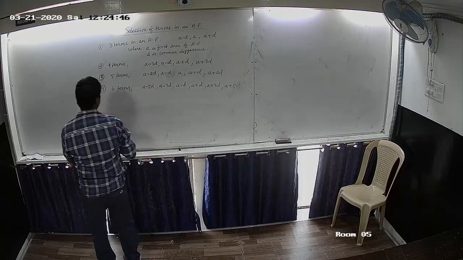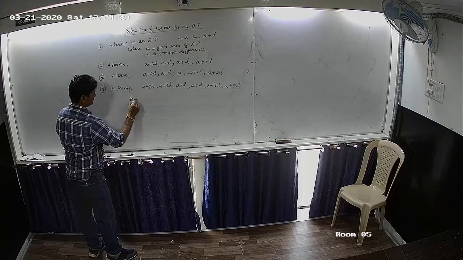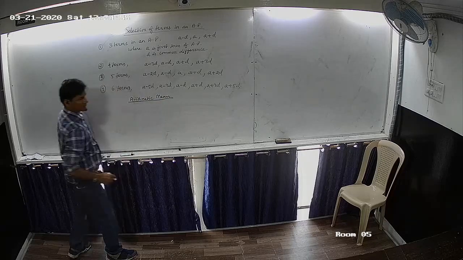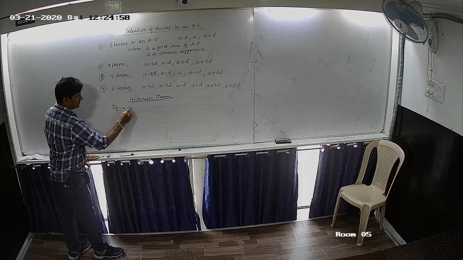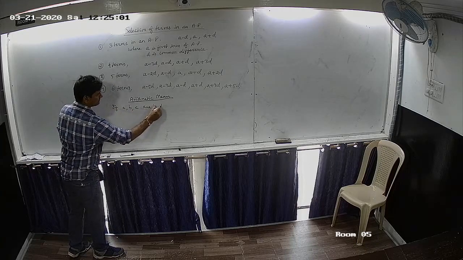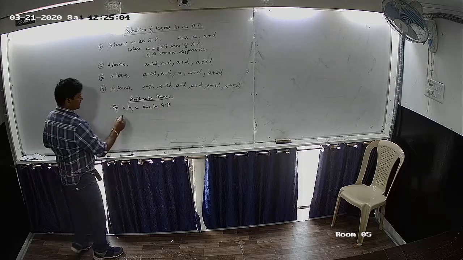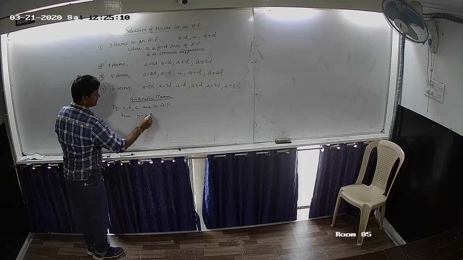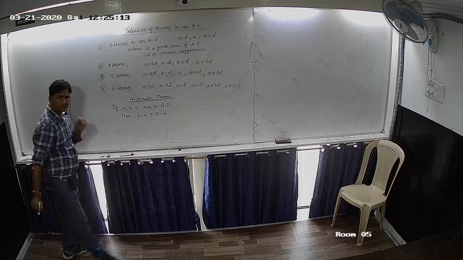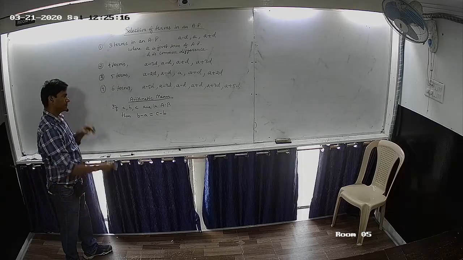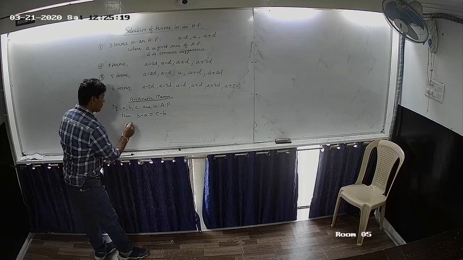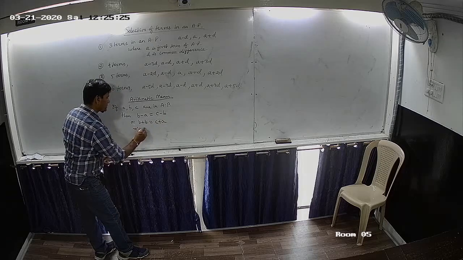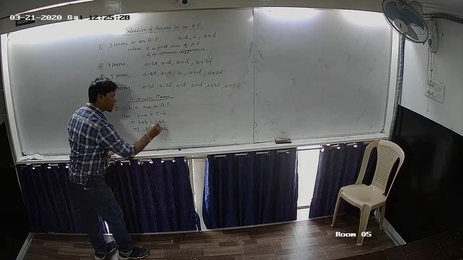If A, B, C are in AP, then the common difference B minus A will be equal to C minus B. So B minus A is equal to C minus B, or B plus B is equal to C plus A. That implies 2B is equal to C plus A.